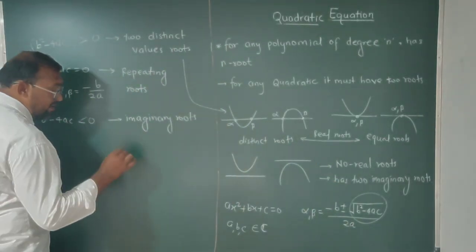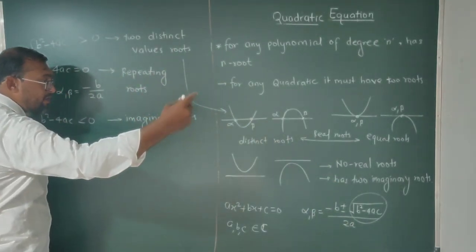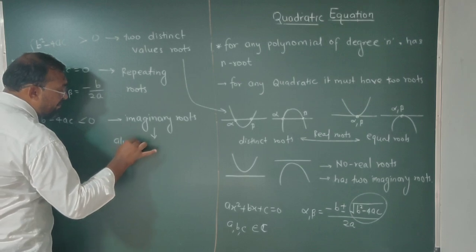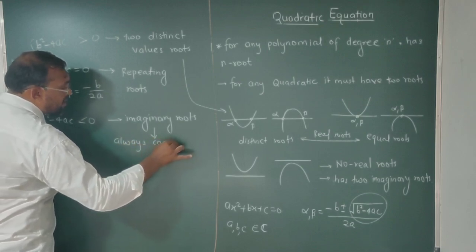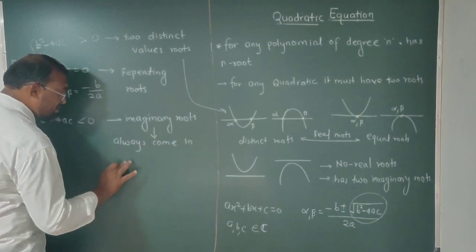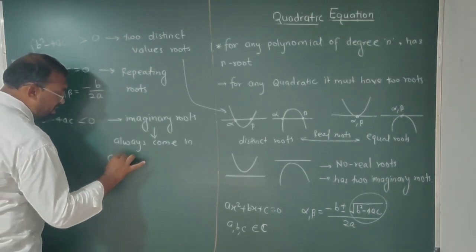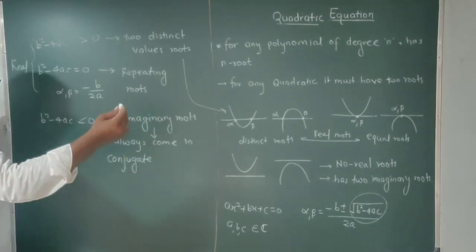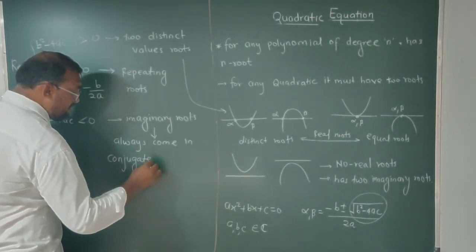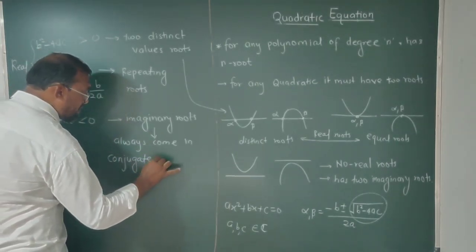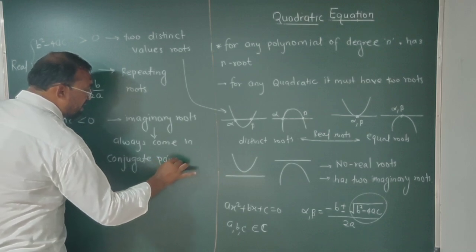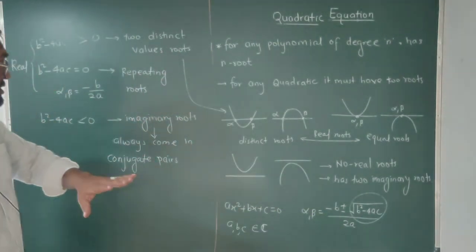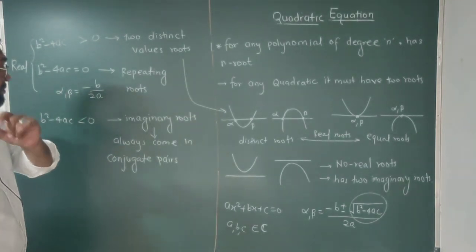So these imaginary roots always come in conjugate pairs. This is very interesting and very important. We'll see a question in JEE Advanced, I think this year also, that came on this concept of conjugate pairs. That is, it will be either two complex roots or no roots.